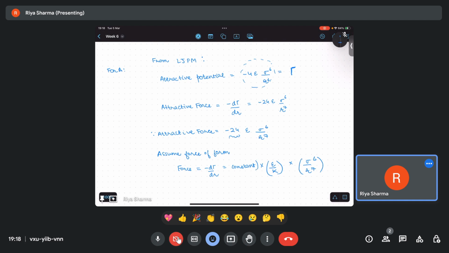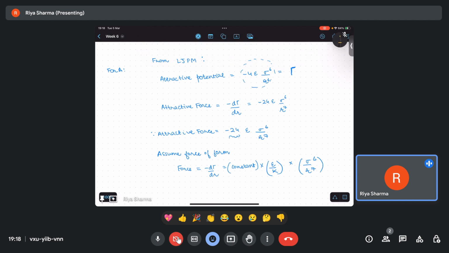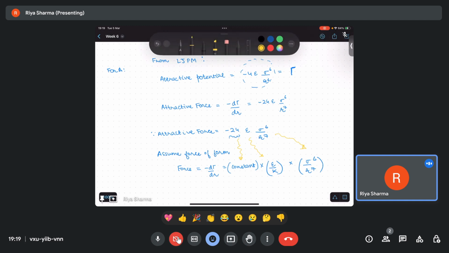So what we did is take a constant, an epsilon by k form and a sigma by r form, and we are trying to transfer the same form.